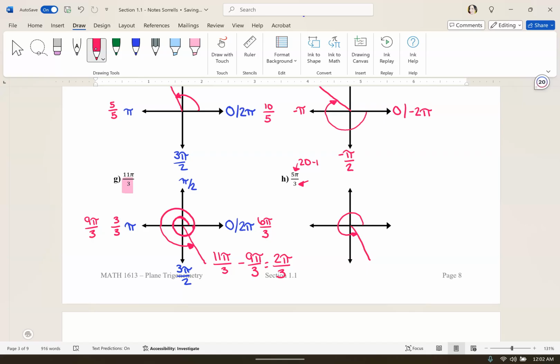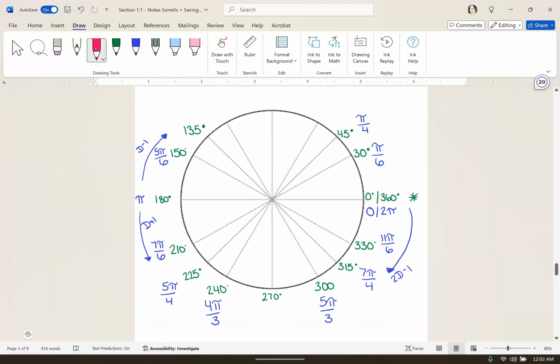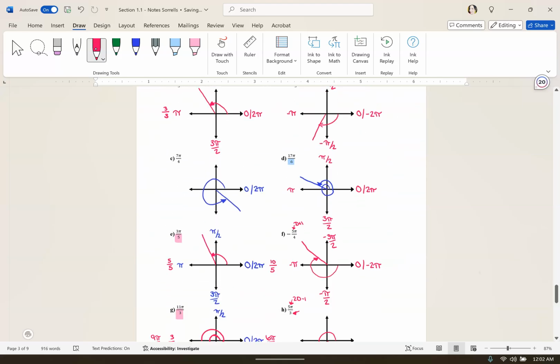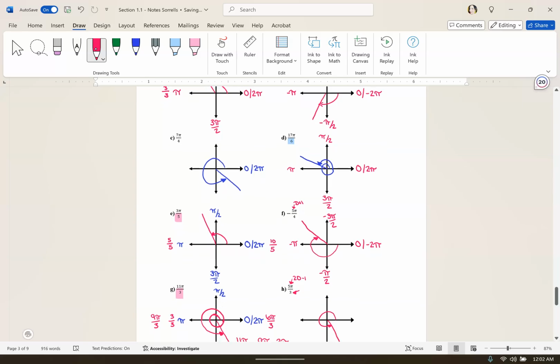On this page, I really only gave you one that was not on the unit circle. So if you practice your unit circle, it will help you in the long run. Now you might say, Miss Sorrells, you gave us a few more that were not on the unit circle.